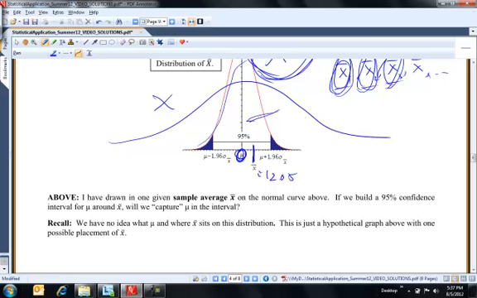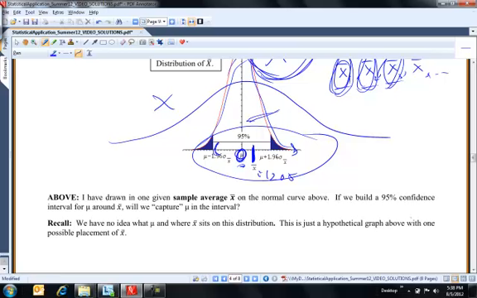This graph is made up of lots of little x bars. If I take one little x bar and put an interval around it, going out 2 standard deviations, about here and about here, I get myself a confidence interval. In this case, you can see, I don't know what mu is, but it actually captured the true mean mu.